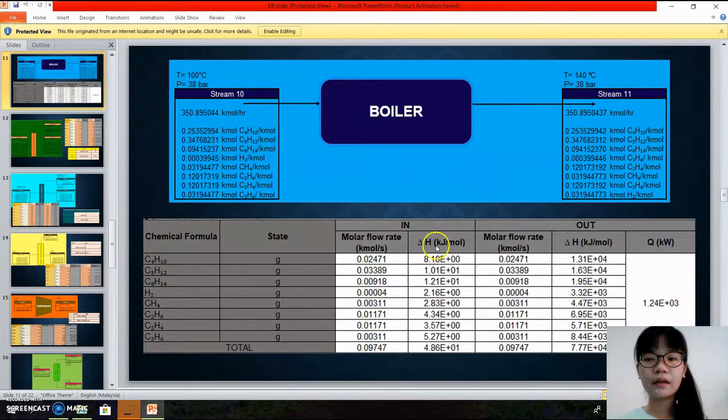For the energy balance, there is no phase change from inlet to outlet stream, and all the hydrocarbon compounds are mixed as gas in inlet and outlet streams. So we can calculate the total Q by using the balance on non-reactive reaction and hypothetical pathway. The total Q is 1.24E+03.